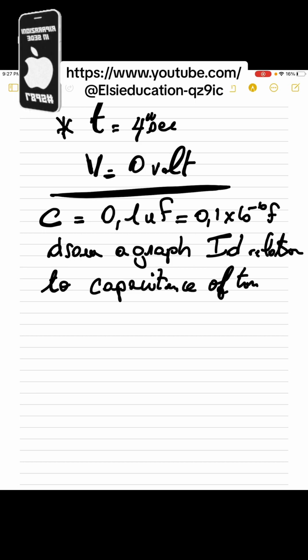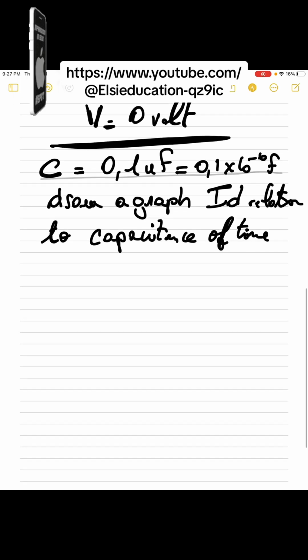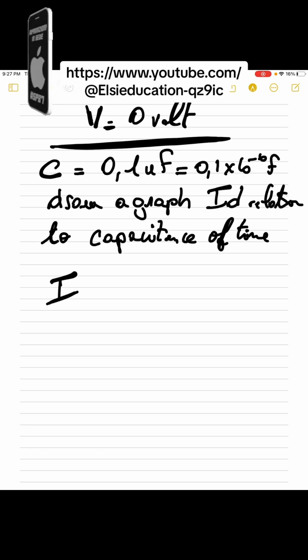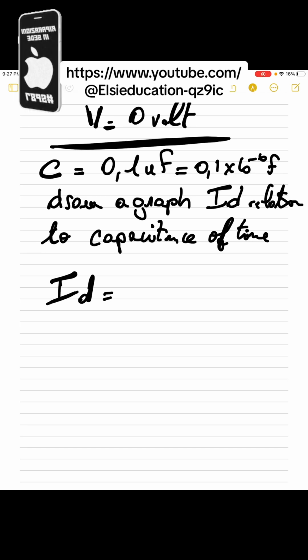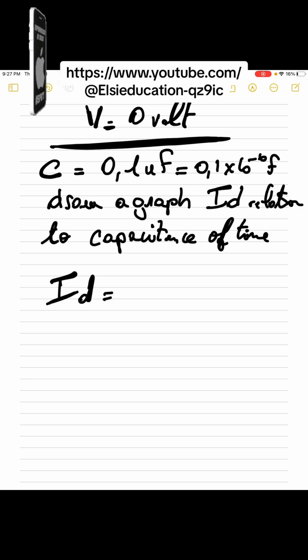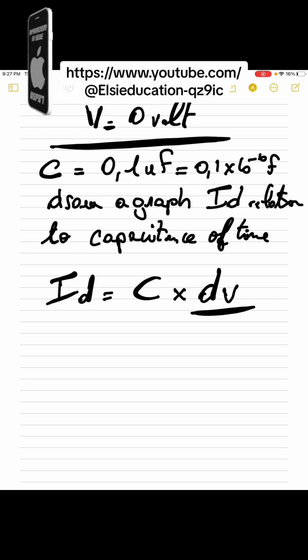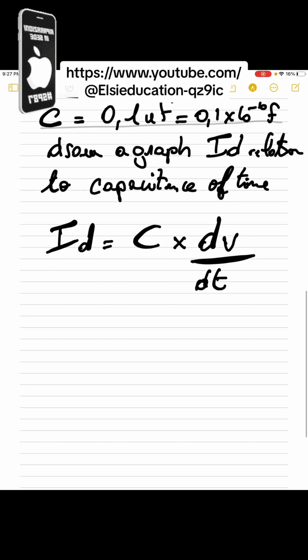So if we take the formula of displacement current, it is equal to the capacitance multiplied by the differential of voltage divided by the differential of time.